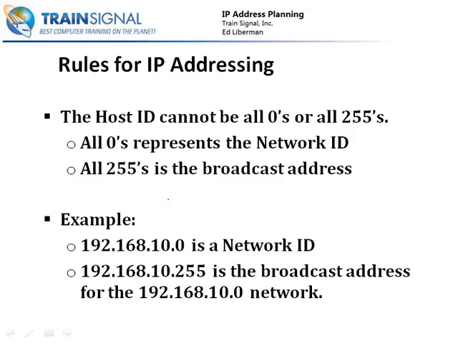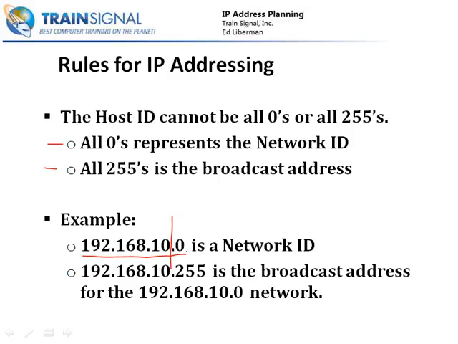The reason why is because all zeros represents the network ID itself, and all 255s would be the broadcast address on a network. So let me give you an example here. 192.168.10.0 represents the network ID for the 192.168.10 network. So if we had our dividing line right here, 192.168.10 is our network ID.